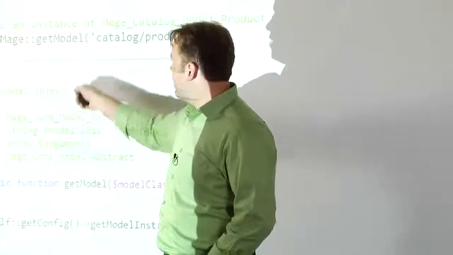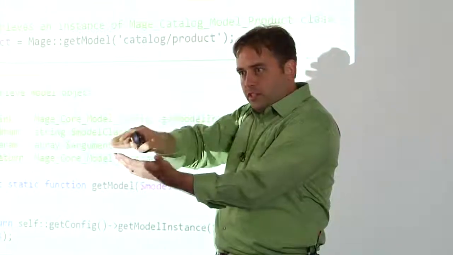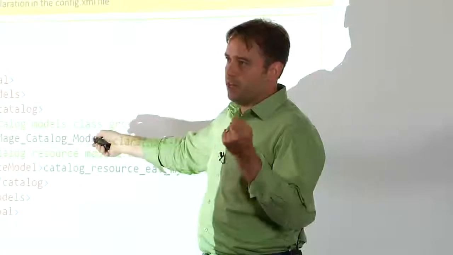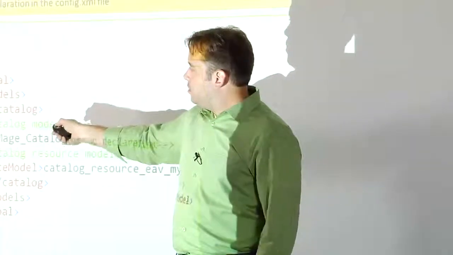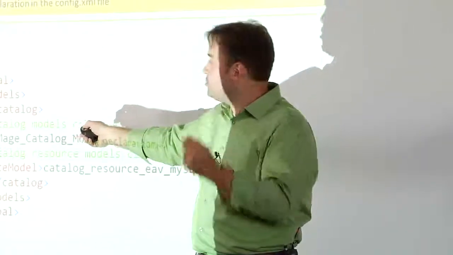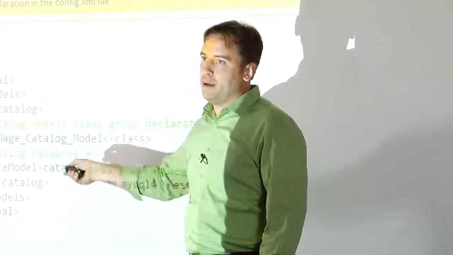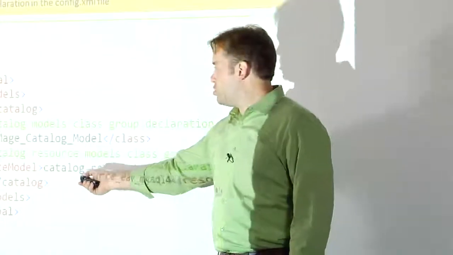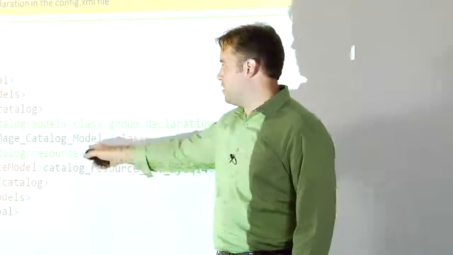So if I had foo here, in that configuration structure that's been assembled, and I say Mage get model foo/whatever, the application will use the configuration object to look in global models for a node named foo, and then in there, a node named class, which specifies this class prefix.